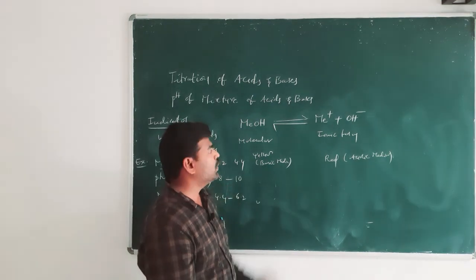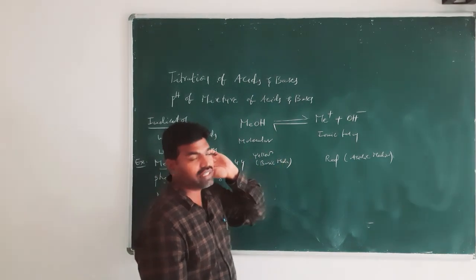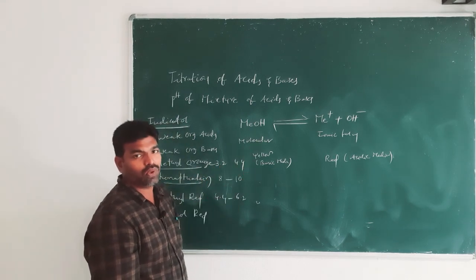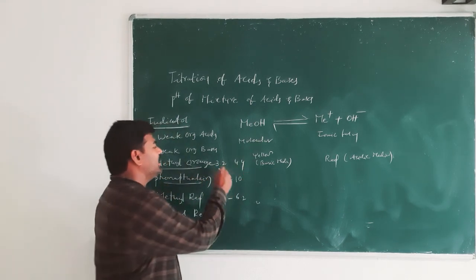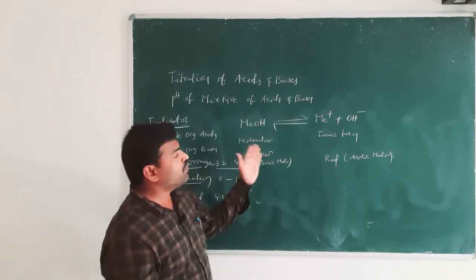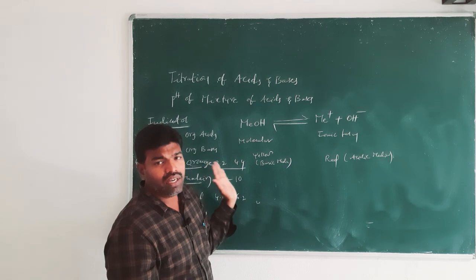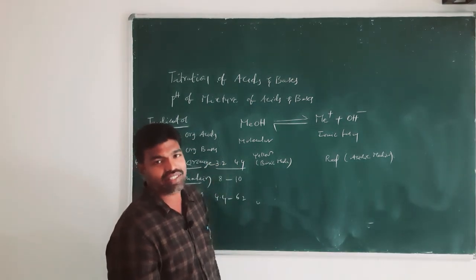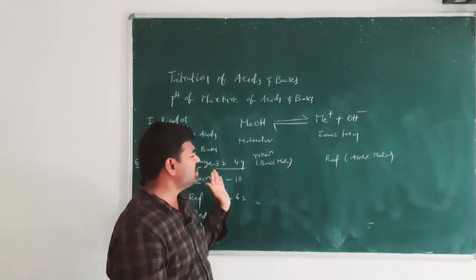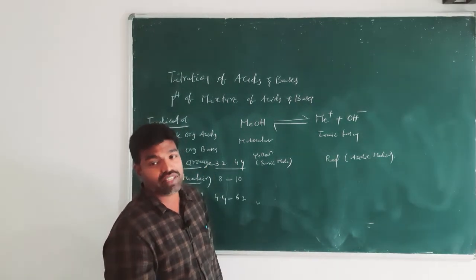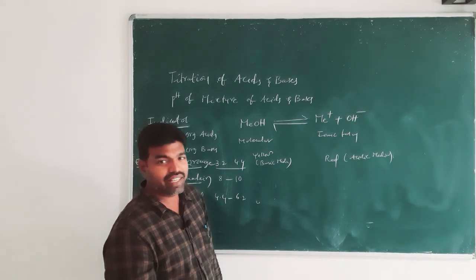So, the pH range of this indicator is 3.2 to 4.4. Okay. So, it is the pH range of acids. So, usually we use this indicator for strong acid weak base titrations. And we can use this indicator for strong acid versus strong base titrations also, right.